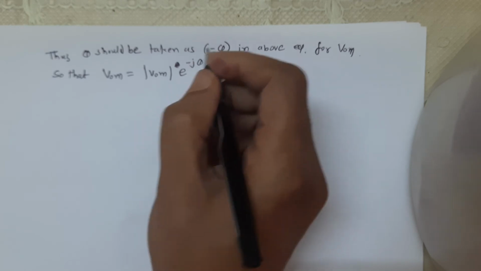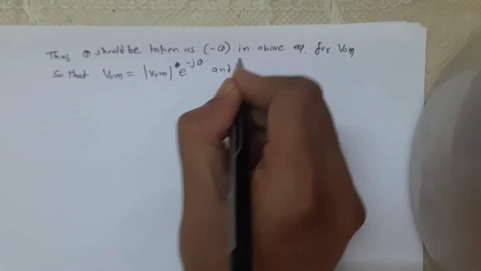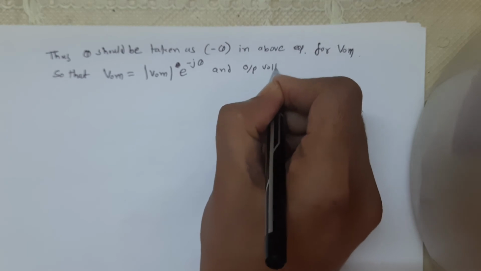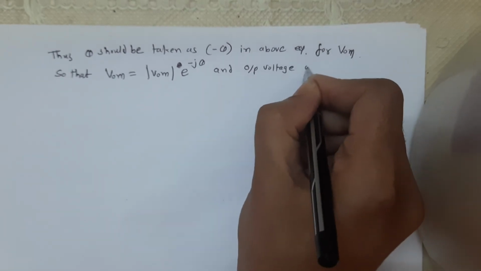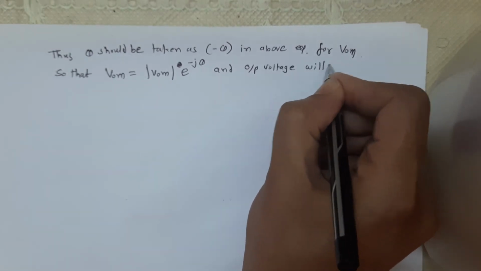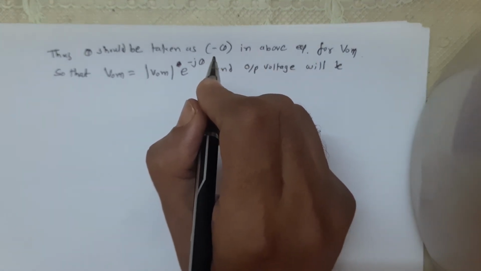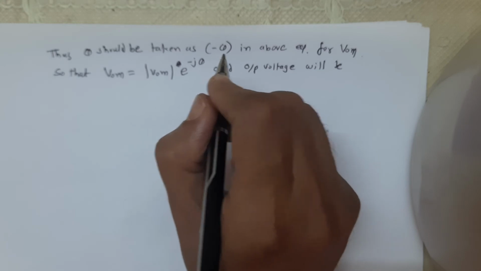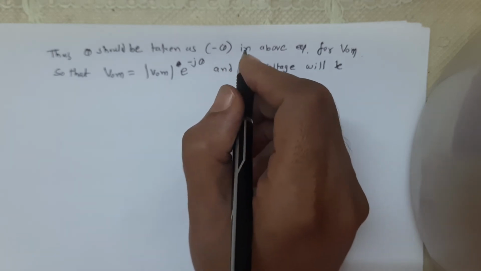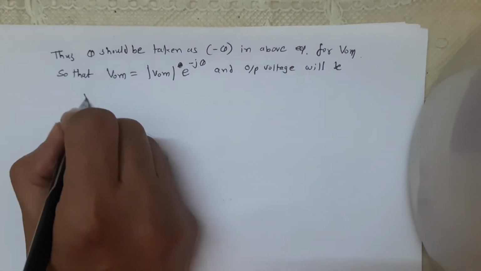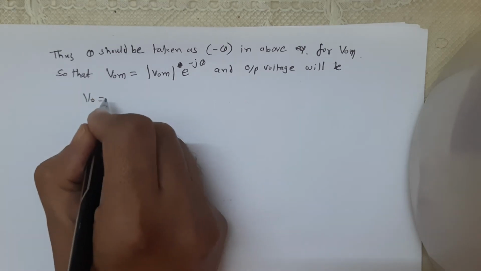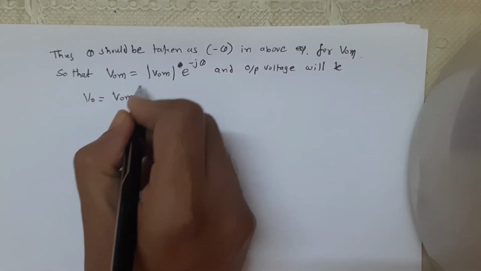And the output voltage will be given as VO is equal to VOM sin omega t.